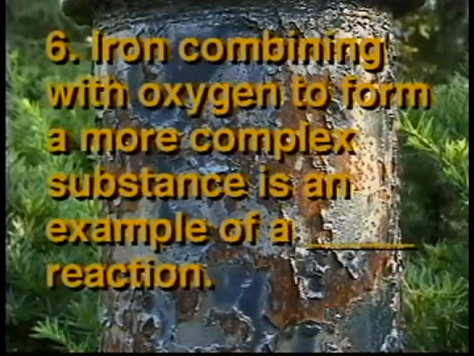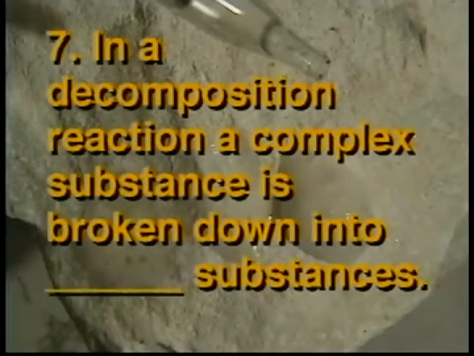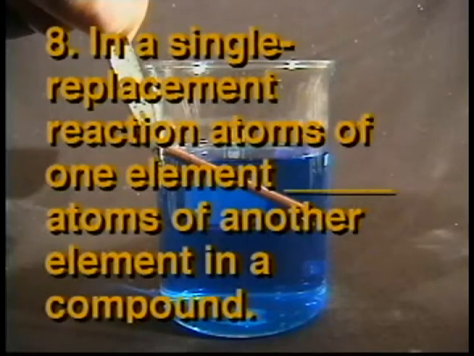Number 6. Iron combining with oxygen to form a more complex substance is an example of a reaction. Number 7. In a decomposition reaction, a complex substance is broken down into substances. Number 8.